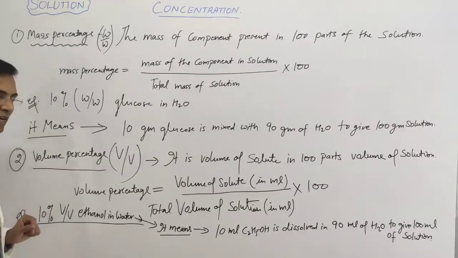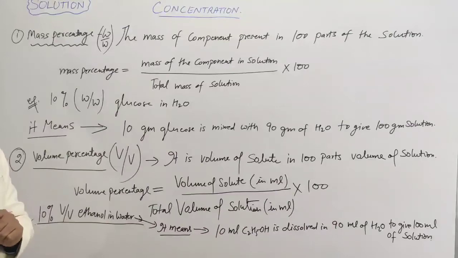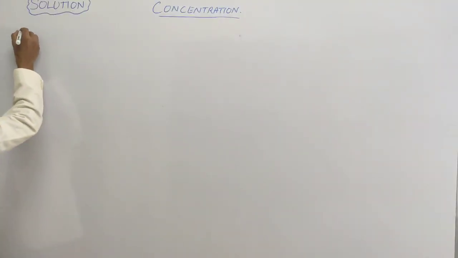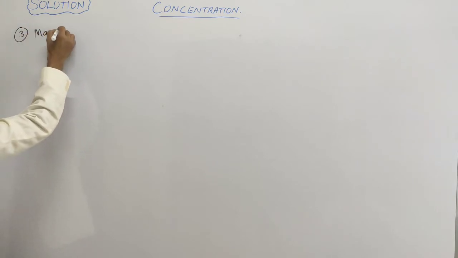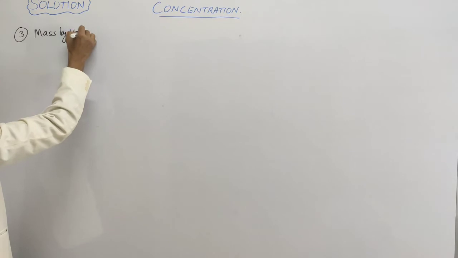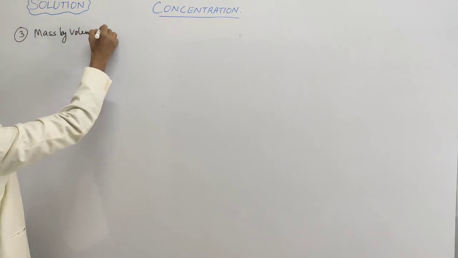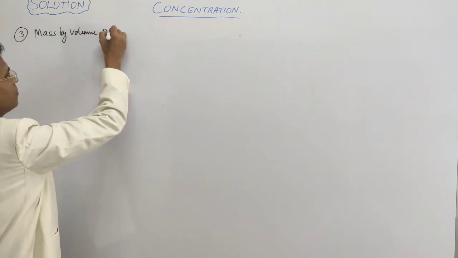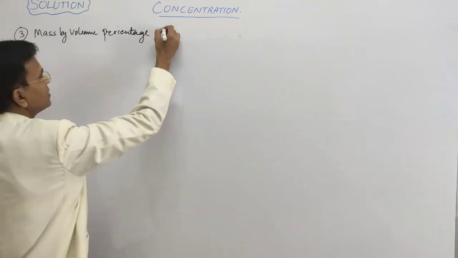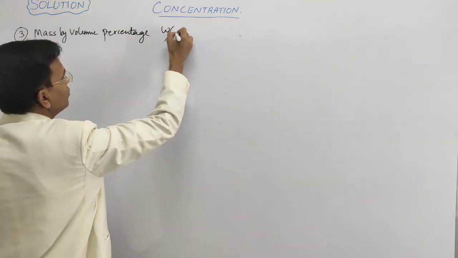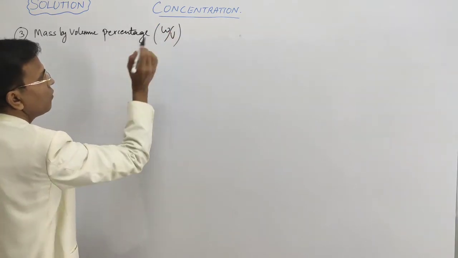Now come to the third one, that is the mass by volume percentage. It is indicated by W upon V, mass by volume.